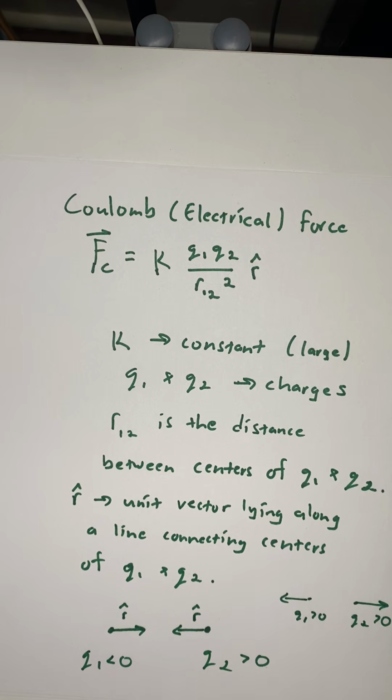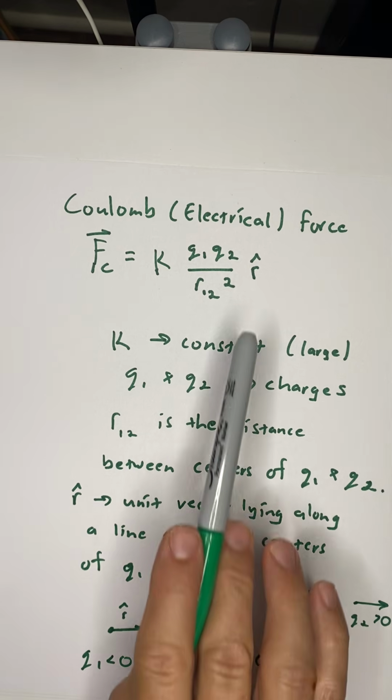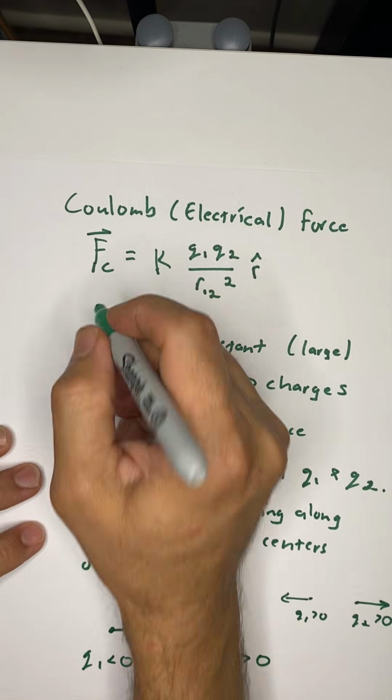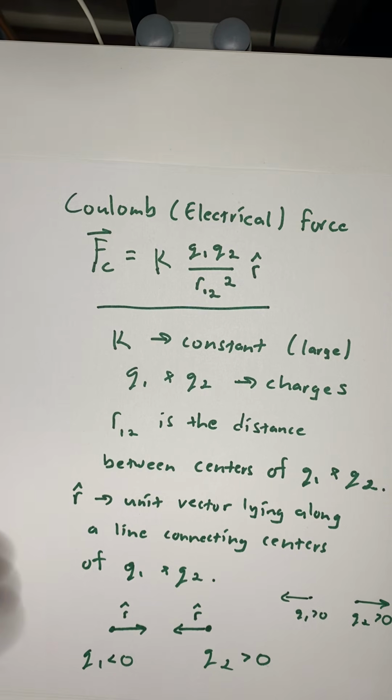In that case, the r would just get replaced by an x hat, y hat, and j hat. So in some sense, you should think of this as a placeholder for some directional vector, which will be obvious based on whichever coordinate system you are using. So this, in a nutshell, is the Coulomb or electrical force.